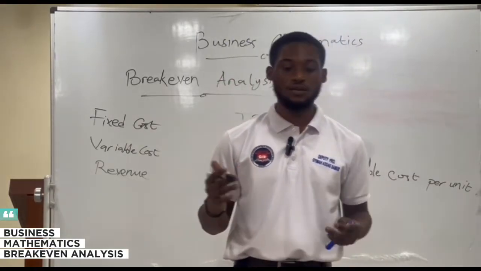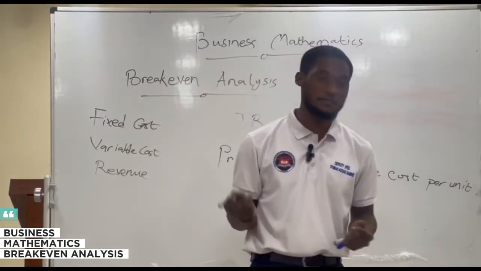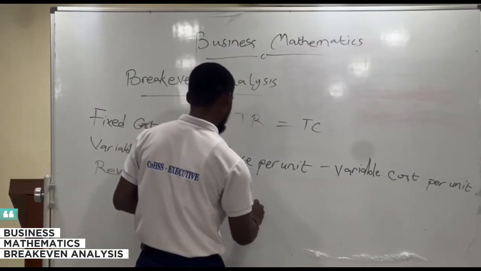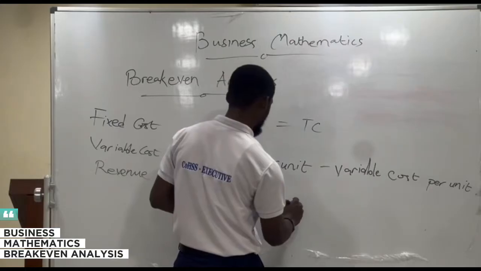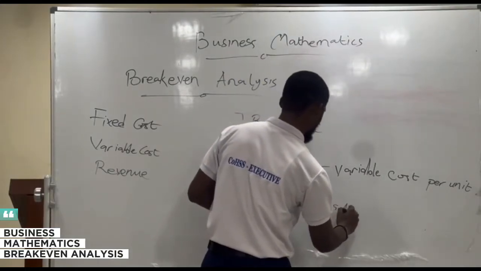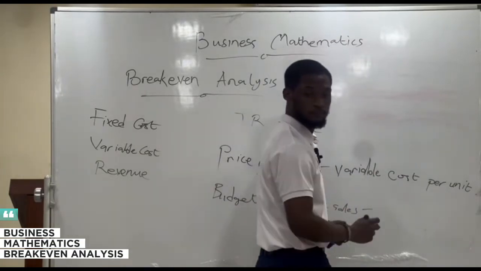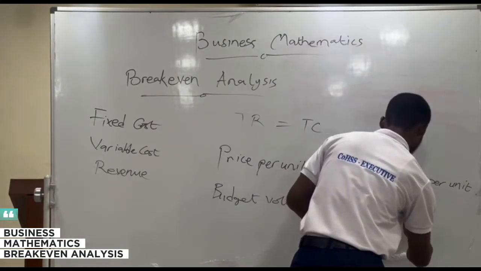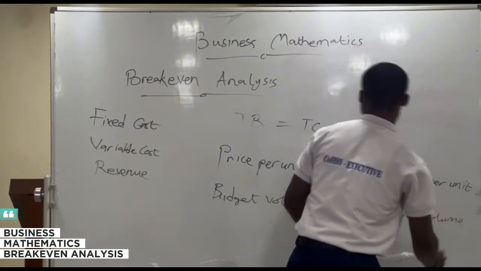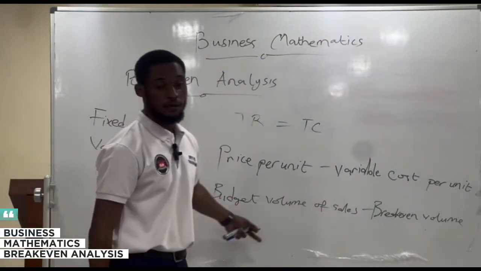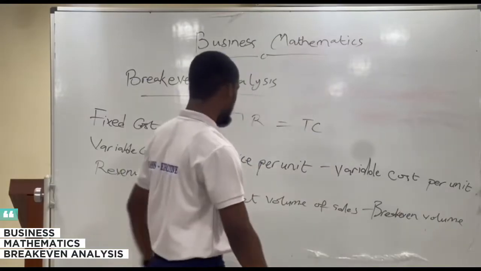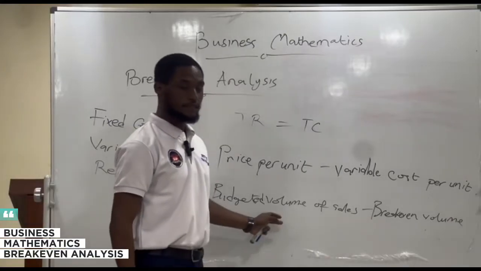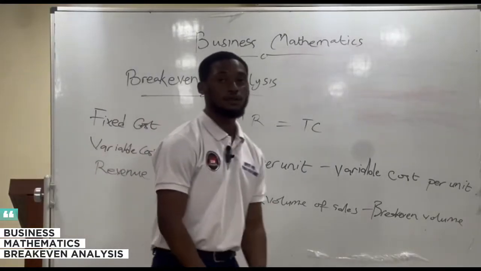So the formula for margin of safety is budgeted volume of sales minus break-even volume. This is the margin of safety.